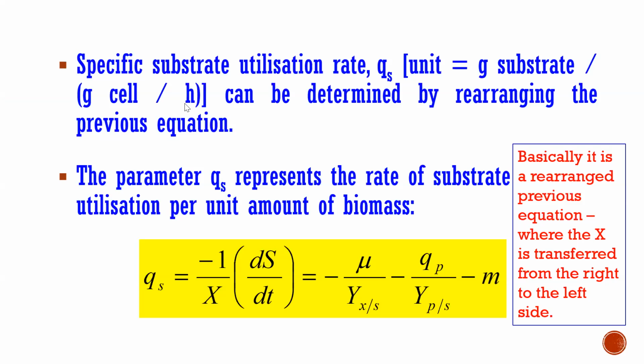So you can see the difference between the three: you have mu, the unit is just per hour, and then you have QP, and then you have QS, and their units are different. So you can determine QS by rearranging the previous equation. Just look at these equations.